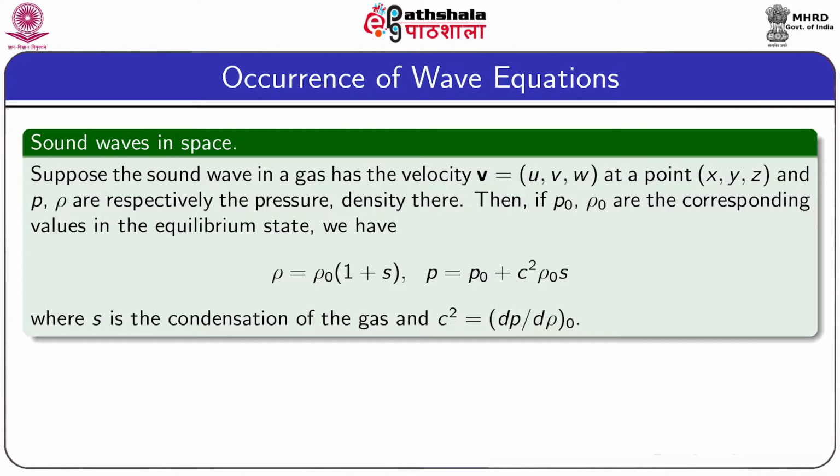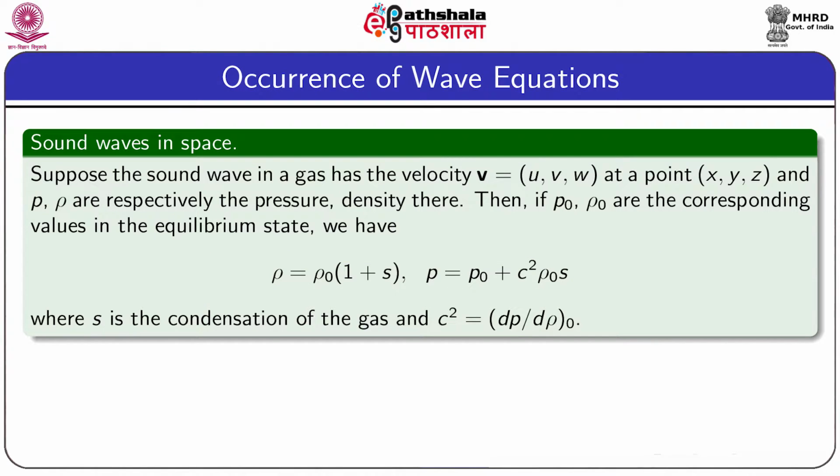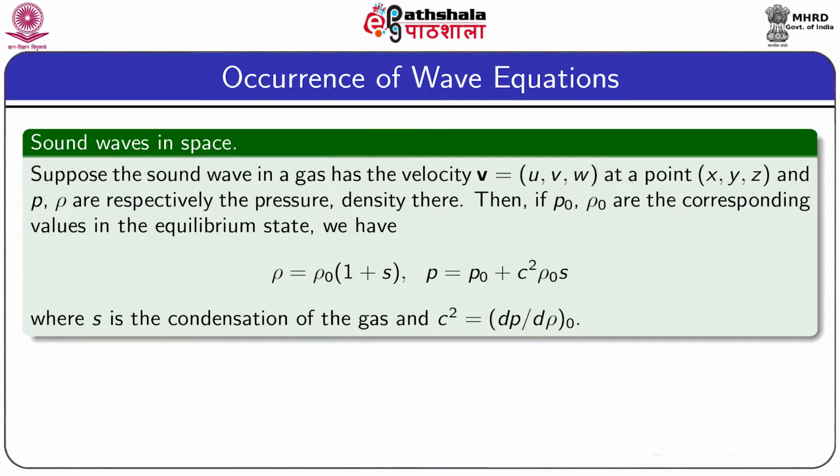Then if P0, rho 0 are the values of pressure and density in the equilibrium state, we can write rho as rho 0 into (1 plus s) and P as P0 plus c square rho 0 s, where s is the condensation of the gas and c square equals dP d rho at the equilibrium state.